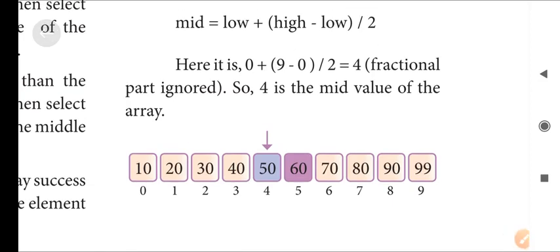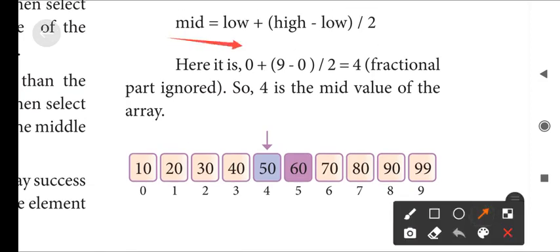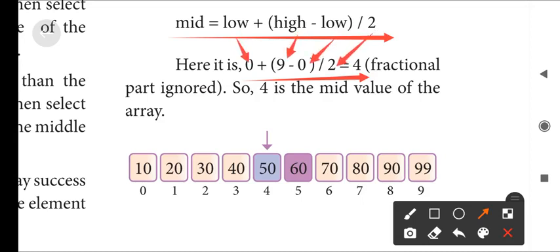Apply this formula. This is the step: low value as 0, high value as 9. 9 minus 0 is equal to 9. 9 divided by 2 is equal to 4.5.